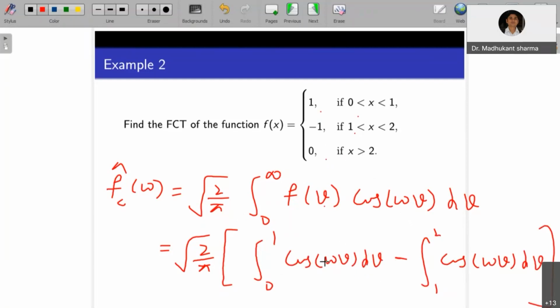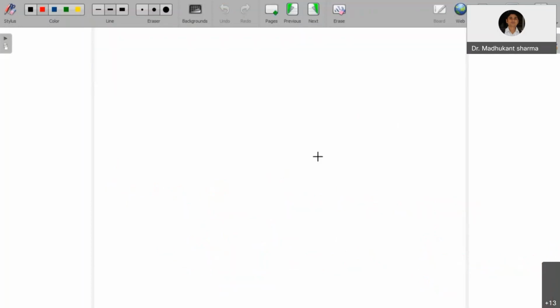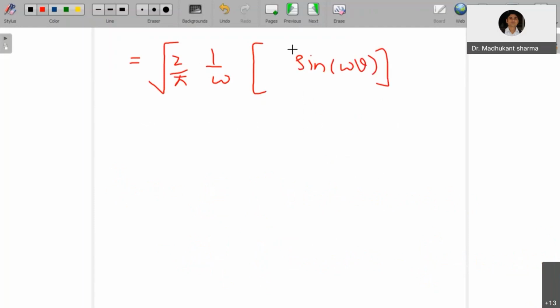Now you can integrate the cos function. That's going to be square root of 2 by pi times 1 by w, the sine of wv, upper limit minus lower limit, 0 to 1, minus sine of wv from 1 to 2.